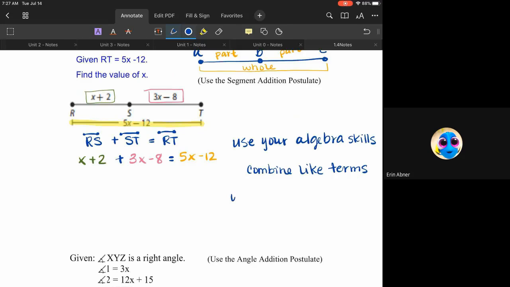And then we're going to use inverse operations to isolate our variable. There's only one variable, so we don't need the S there. This is your reverse PEMDAS.